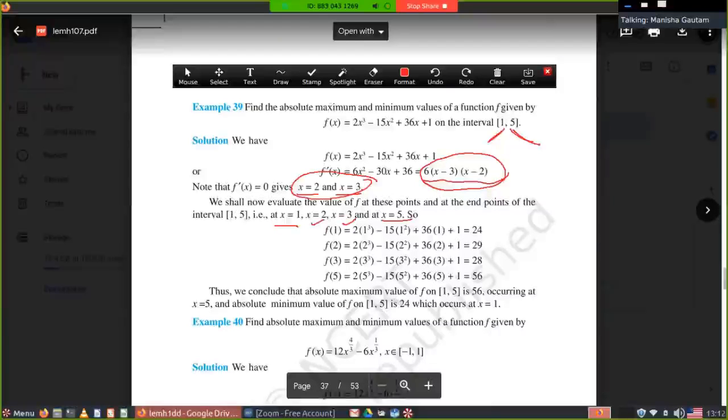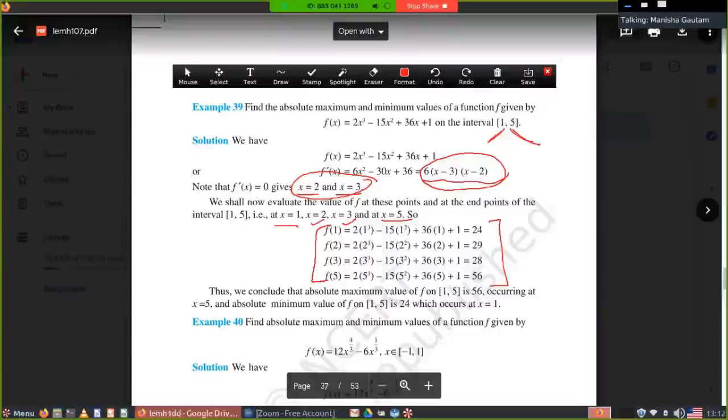It means you have to check at 4 points: 2 end points of the interval and 2 which you have calculated by putting f dash equal to 0. At all those 4 points you have to get the values, and you can find which one is maximum or minimum.